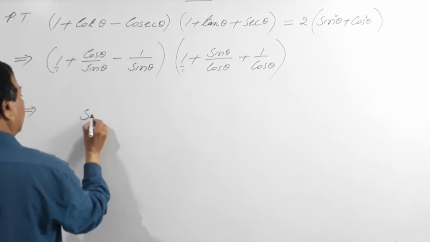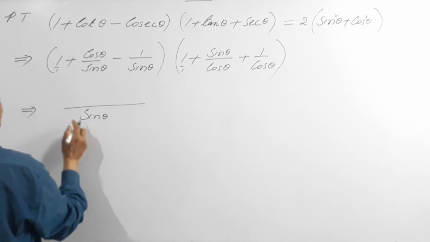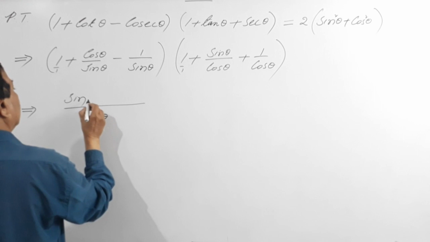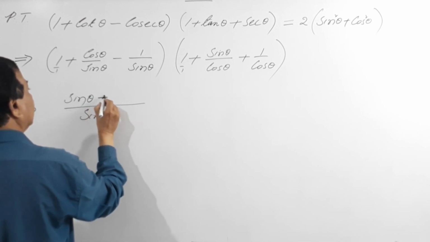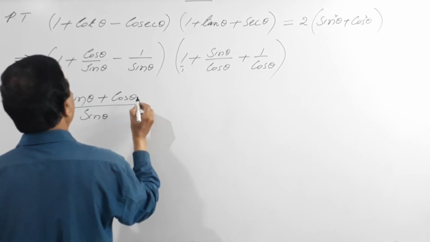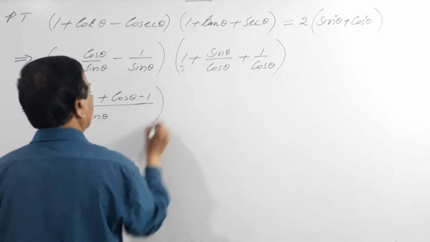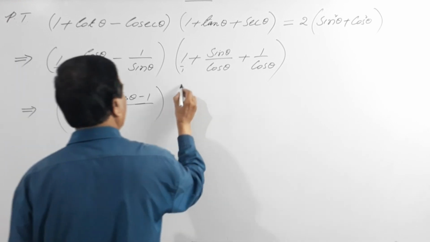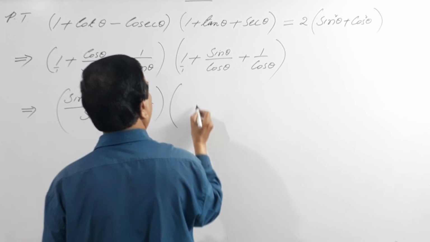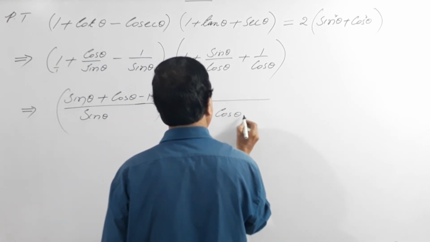So I'll take 1 below this, I'll take 1 below this. Sin theta is LCM. So 1 times this becomes sin theta plus cos theta minus 1, into, if you take LCM, here cos theta is LCM.